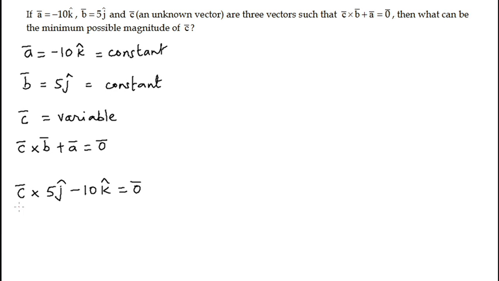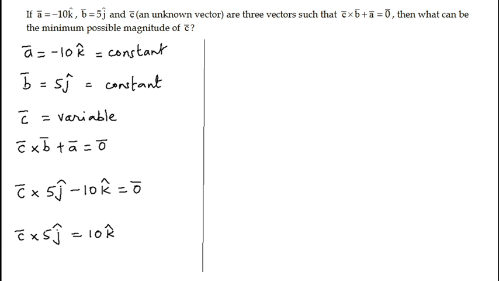And since I'm interested in finding eventually the minimum magnitude of c bar, I'll try to arrange things in such a way that c bar is on one side of the equation. So to begin with, I write c bar cross 5j cap, and I transpose 10k cap to the right hand side, and what I get is 10 times k cap.